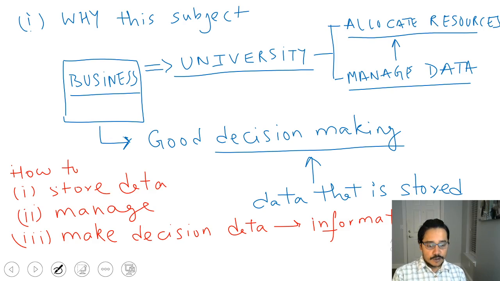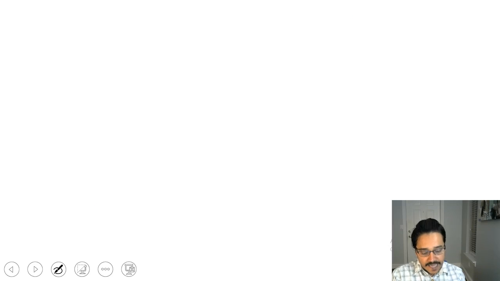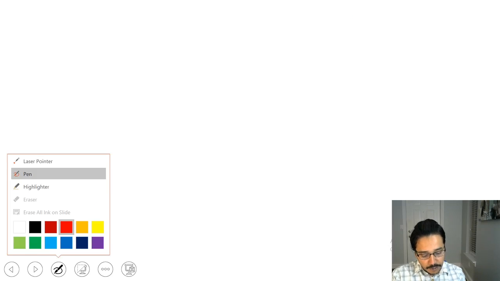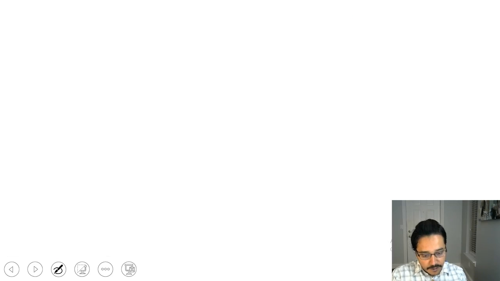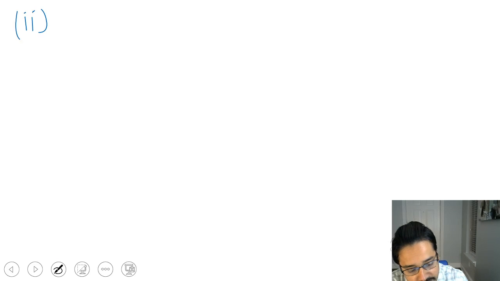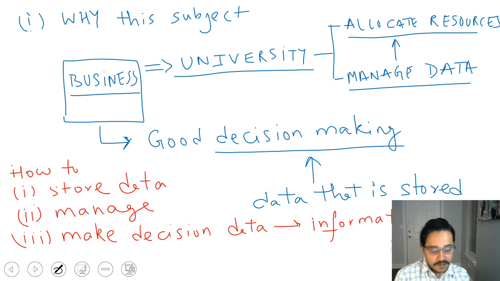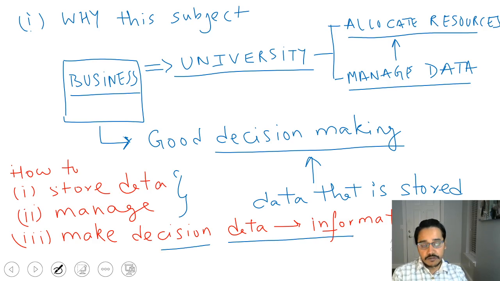Okay. So then comes the next topic. So what do you need for all of this? In order to make this happen, you have to make sure that you are able to do all of those three things that we talked about in the previous slide. That is how you can store the data, how you can manage them, and then how you can use that to make decisions by transforming data into information.